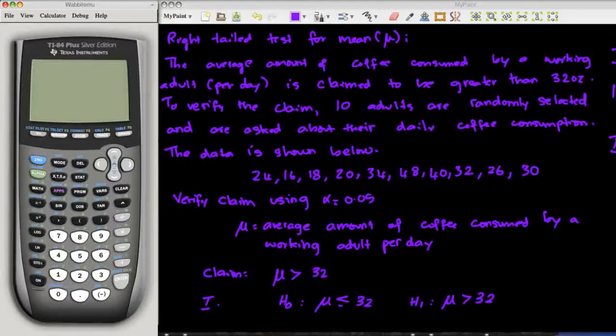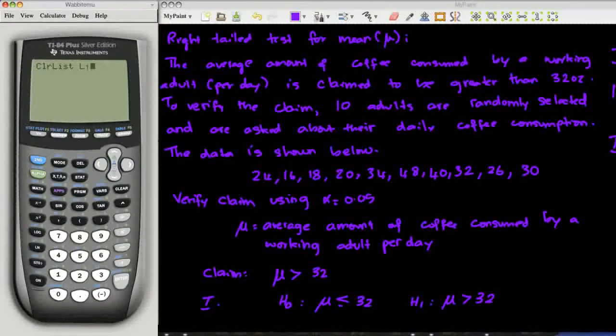I'd go up here, press stat, press 1. I could actually clear this list, so press 4, clear list 1. I want to erase all the information in the list, so I'm clearing it. After I clear it, I could go back and enter stuff.